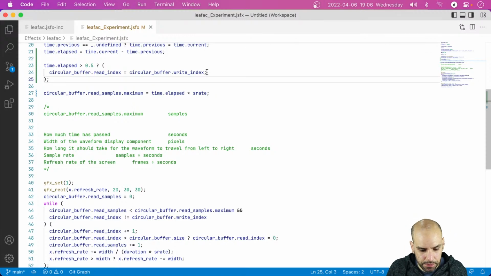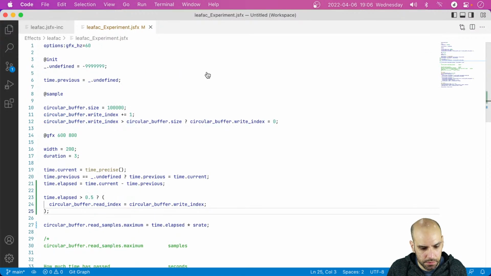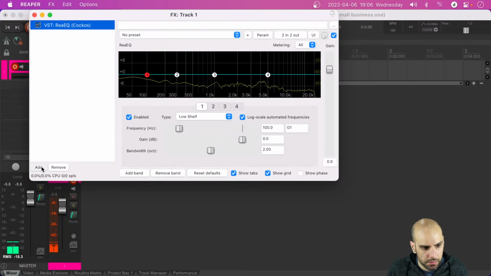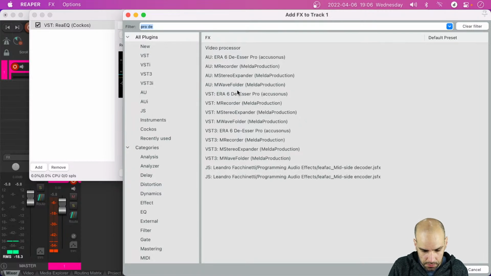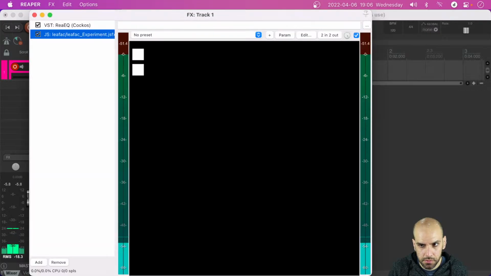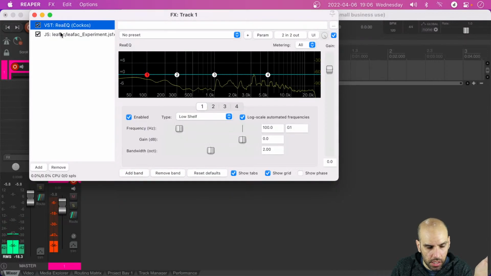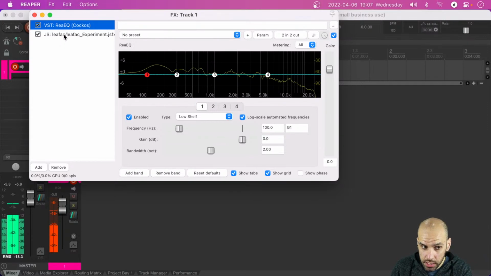Let's try. Okay, they are in sync. And now more than half a second has passed.